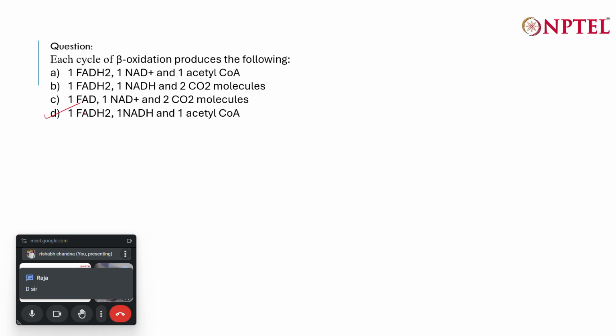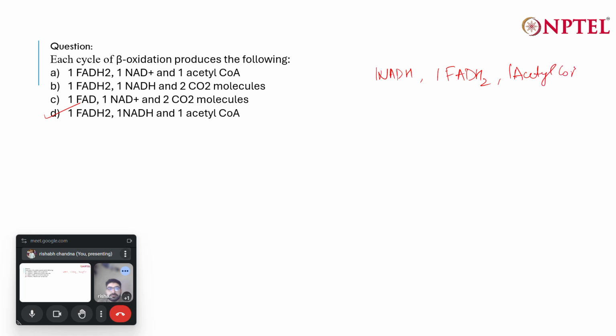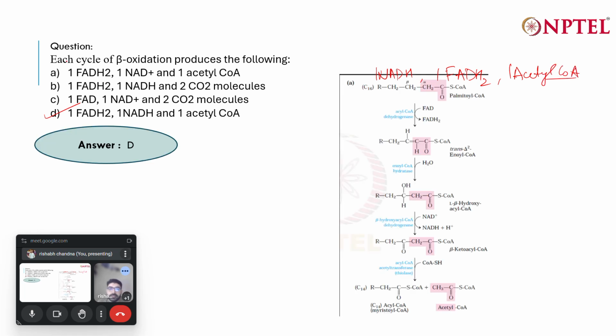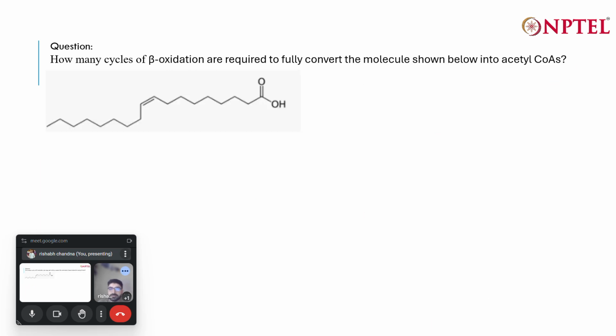Yes, so one cycle of beta oxidation releases one NADH, one molecule of FADH2, and one acetyl coenzyme A. So option D is correct. This is the beta oxidation pathway: one FADH2 is released, one NADH is released, and one acetyl coenzyme A, one molecule each. Now let's move on to the next question.